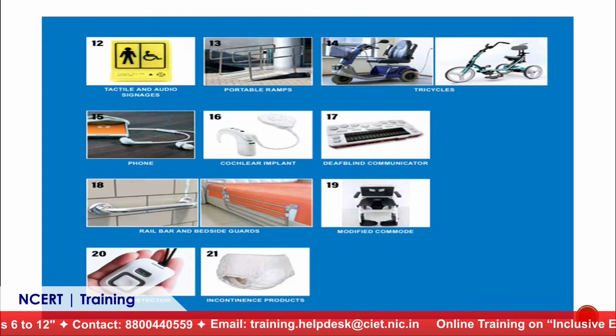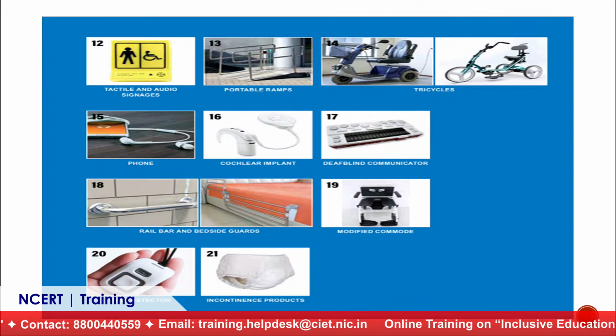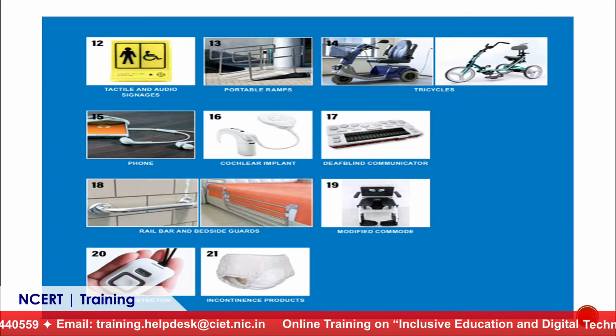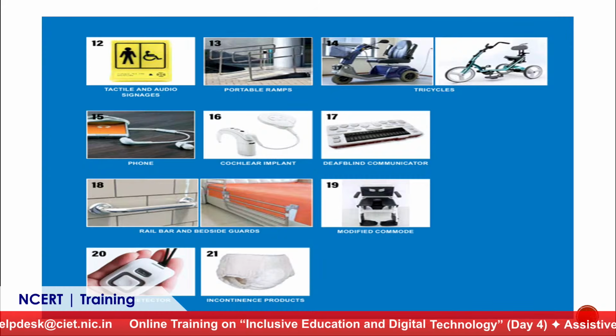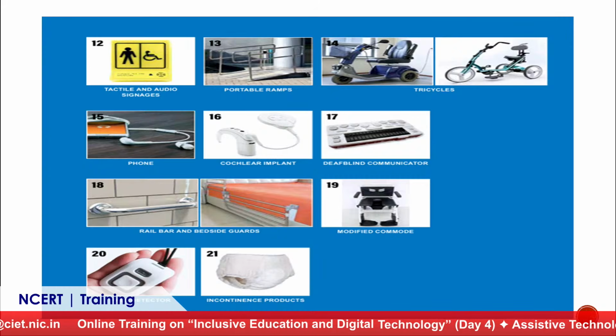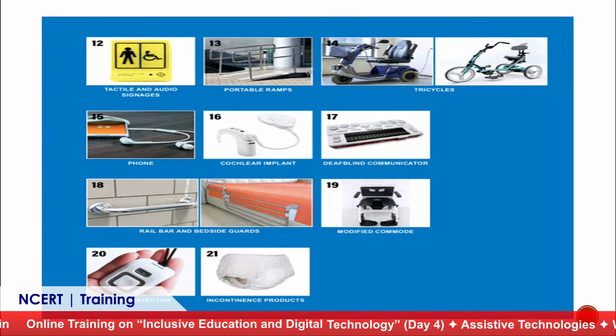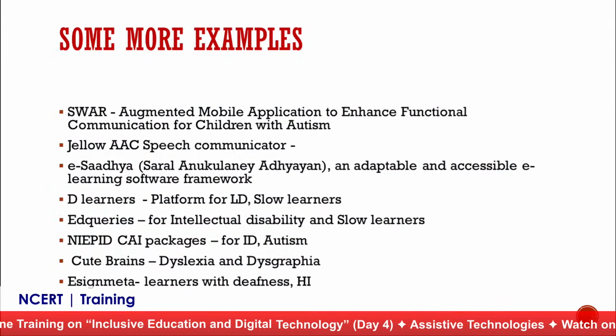These are all considered the most important prioritized assistive products, and this is a validated and approved list by the ICMR. And this 21 products catalog is available on their website. People can visit the website and see.